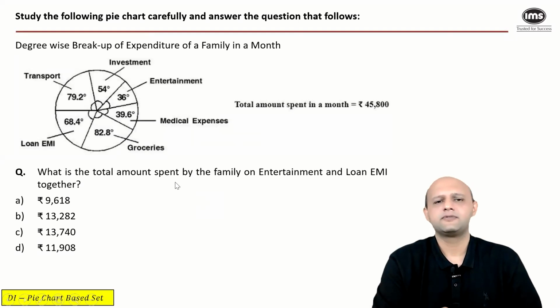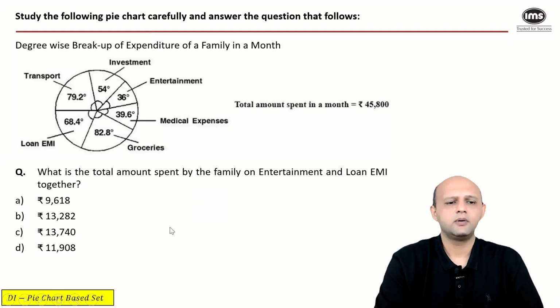On similar lines from the previous question on pie chart, we have been asked the total amount spent by the family on entertainment and loan EMI together. Now, what is interesting here is, as we know that these values are in degrees, entertainment constitutes 36 degrees, which is 10%. EMI constitutes 68.4 degrees. Can we convert this to percentage?